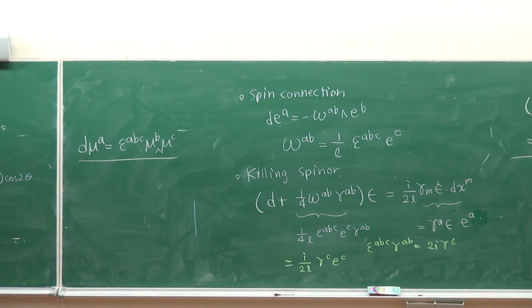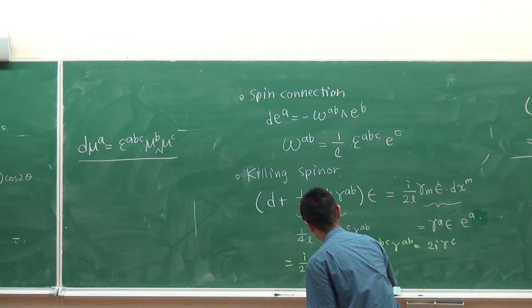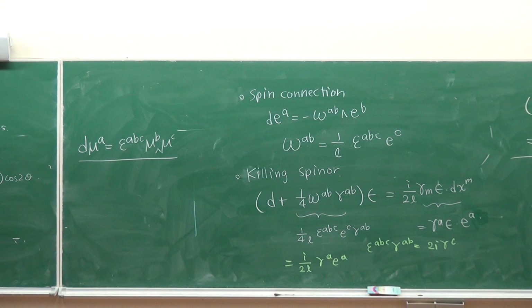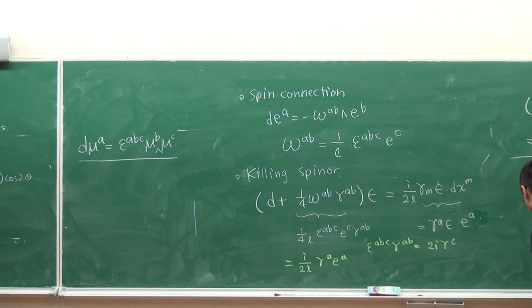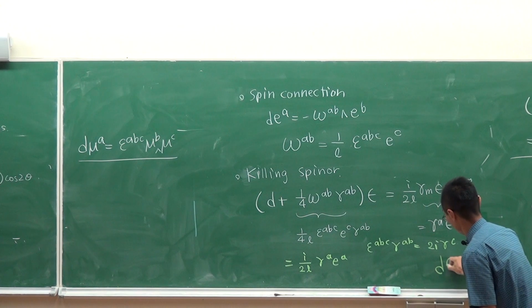Now let's look at the whole equation. This term and this term on the right-hand side and this term on the left-hand side are identical. So the Killing spinor equation just boils down to this.